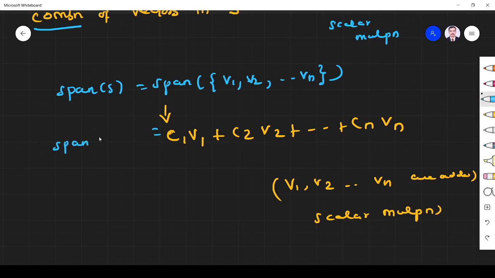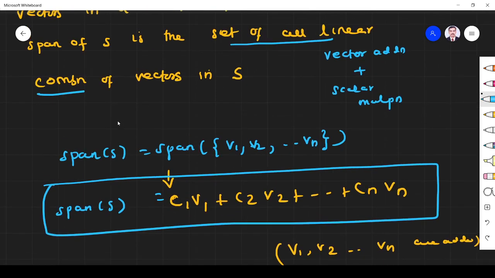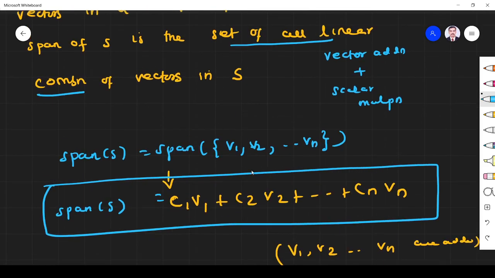So if S is a set with V1, V2, Vn, span S is nothing but C1 V1, C2 V2 up to Cn Vn. That is, the set of all linear combinations of vectors in S. What are the vectors in S?